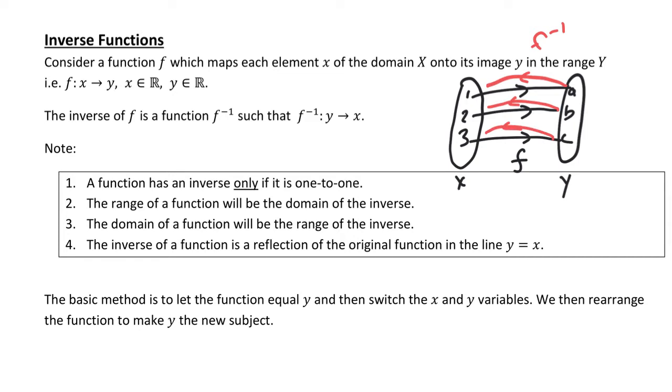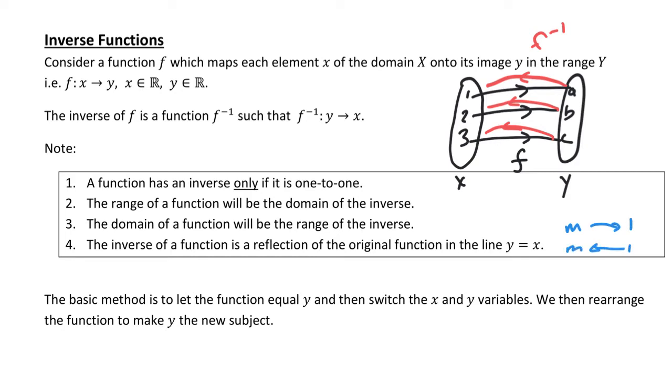Now there are some rules regarding inverse functions. A function only has an inverse if it's a 1-to-1. This is because if we've got a 1-to-1 going in the forwards direction, in the backwards direction it's also a 1-to-1. If we have a many-to-1, which is still a function, then the inverse of that would be a 1-to-many.